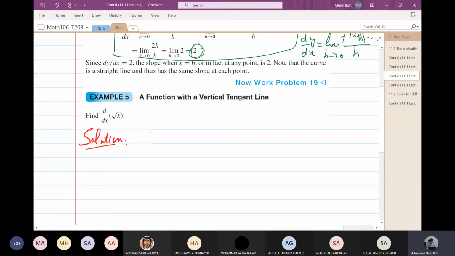So here, d over dx of this square root. So what you will do, again the same definition, limit h approaches to 0, f of x plus h minus f of x divided by h. So here what is f of x? Any guess?